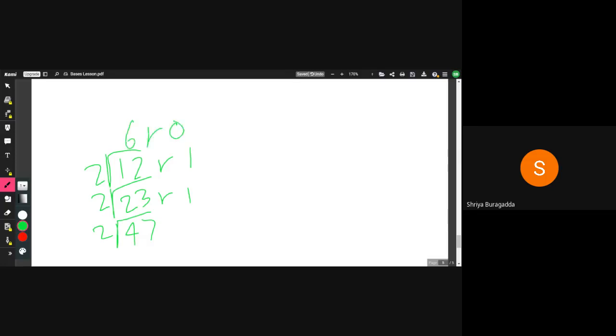So I guess we'll do the dividing method because 47 is pretty small. So dividing that by 2 first, you get a remainder of 1. Dividing by 2 again, 11, remainder 1. Dividing by 2 again, you get 5, remainder 1.